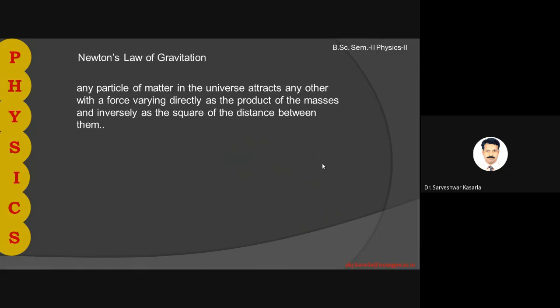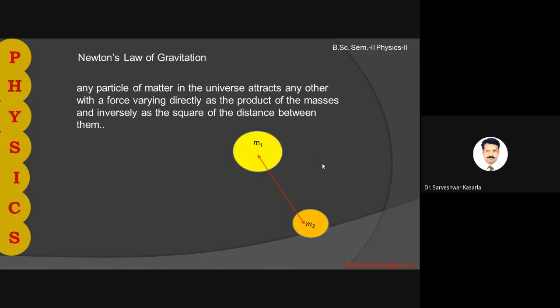So Newton's law of gravitation states that any particle of matter in the universe attracts any other particle with a force which is directly proportional to the product of the masses and inversely proportional to the square of the distance between them.